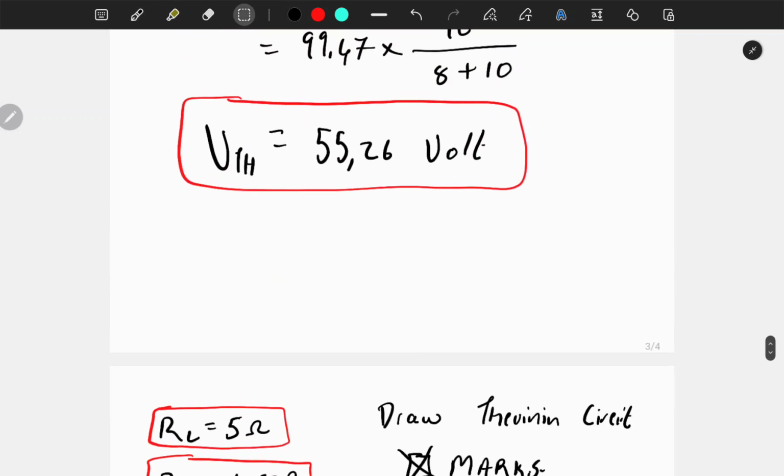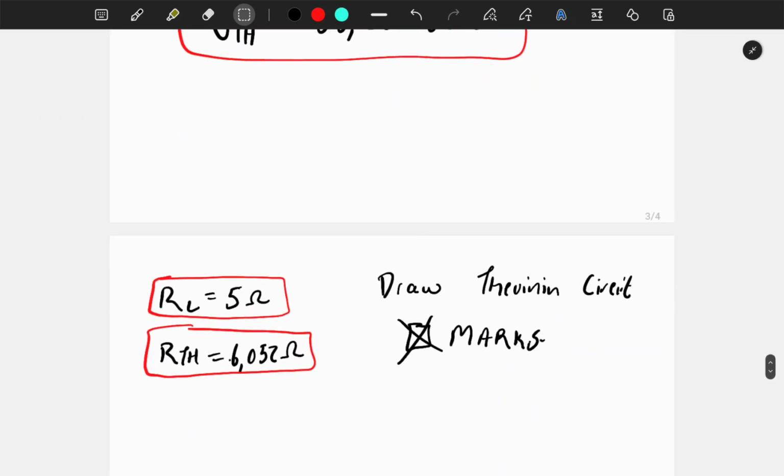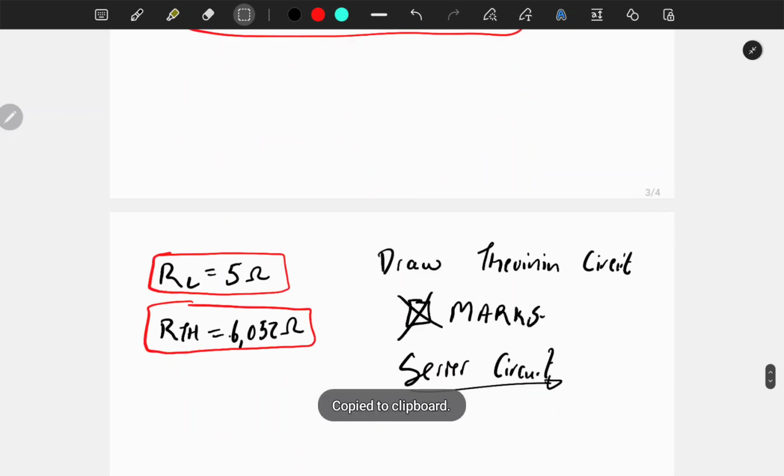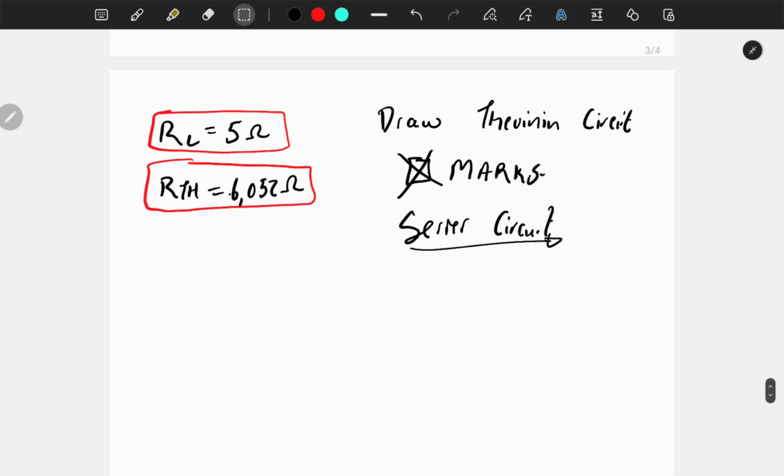So you know that Thevenin is a series circuit, and Norton is a parallel circuit. So let me just copy the voltage down quickly. Copy, paste.